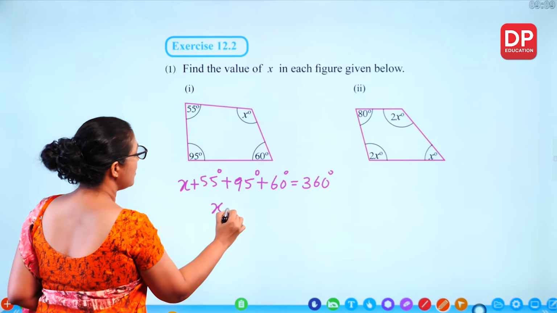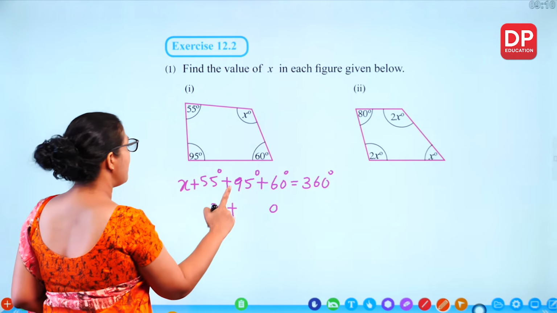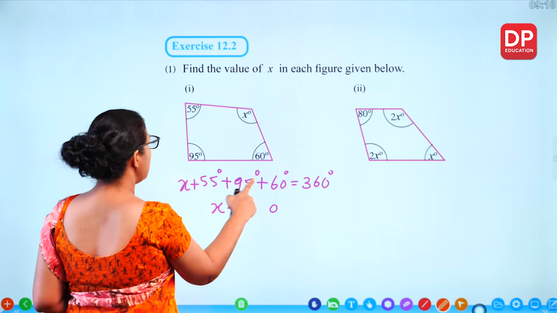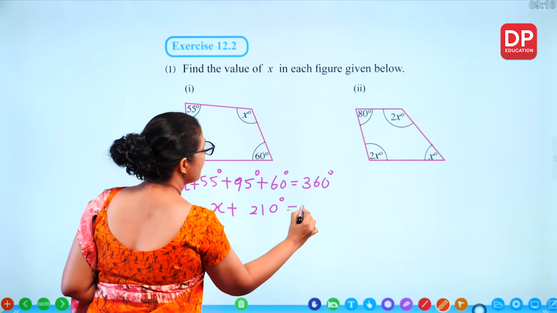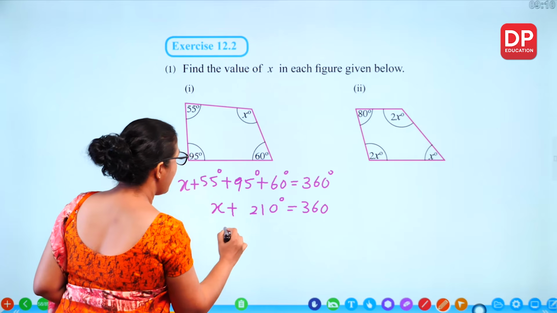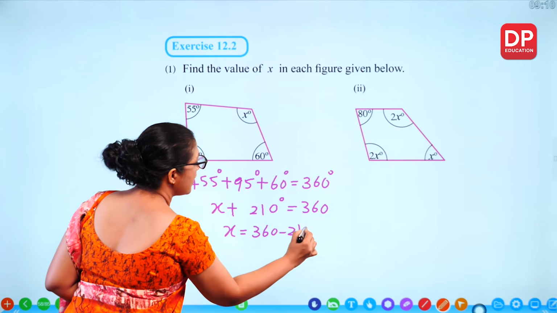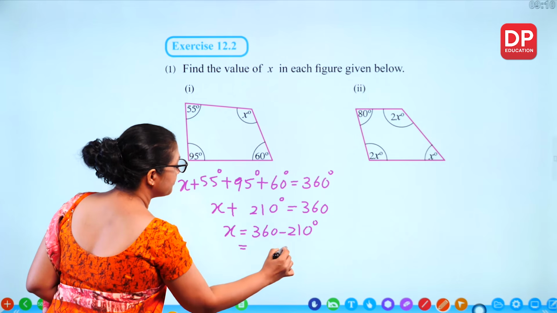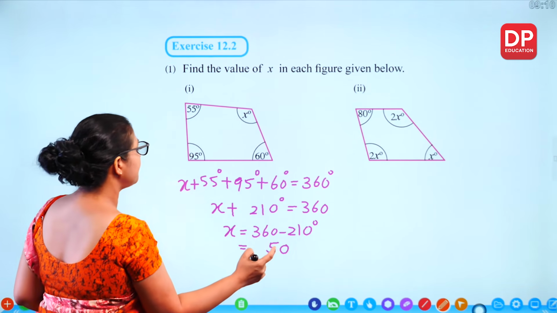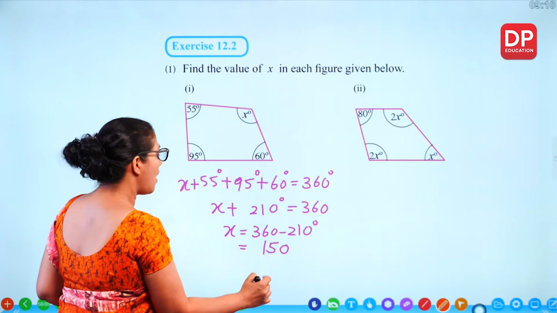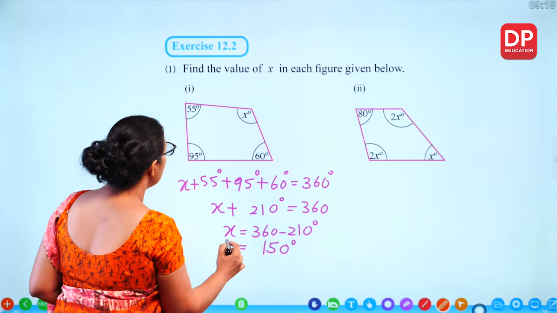When you add all these angles, you get 210. Subtract 210, you get x value. So you get 150 degrees for x.